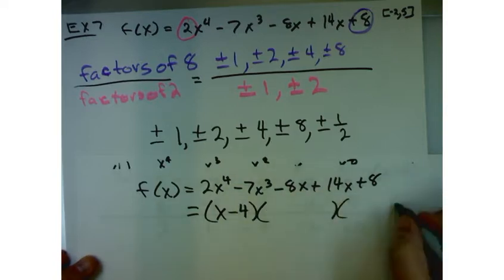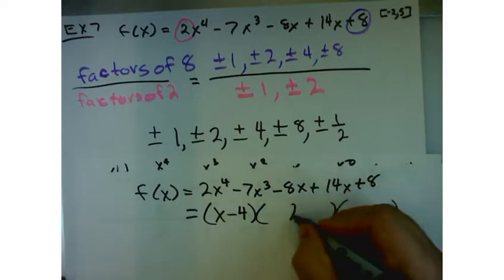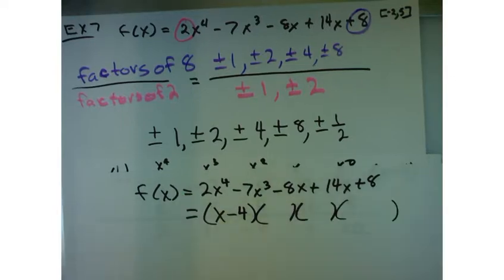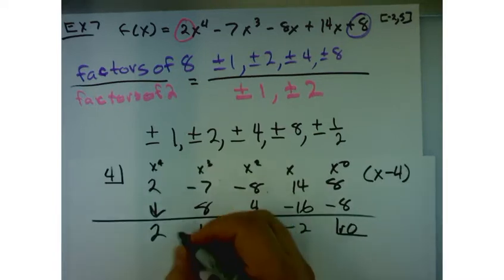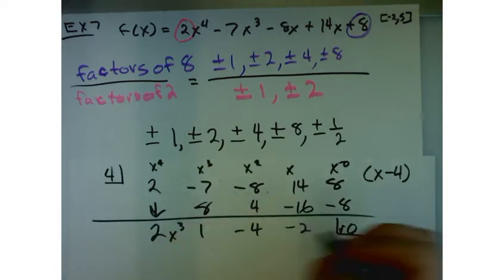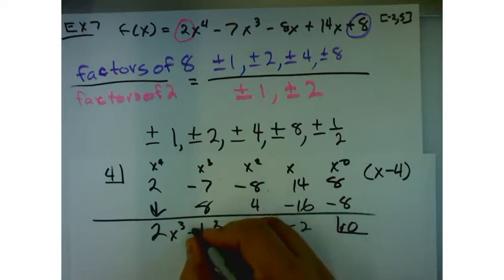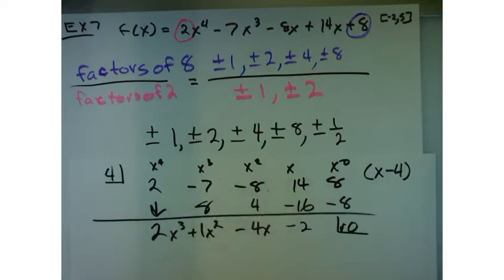So what we're hoping for is that there should be 4 sets of these if it's done right, because it's a 4th degree polynomial. So now this leaves me with 2x cubed plus 1x squared minus 4x minus 2.